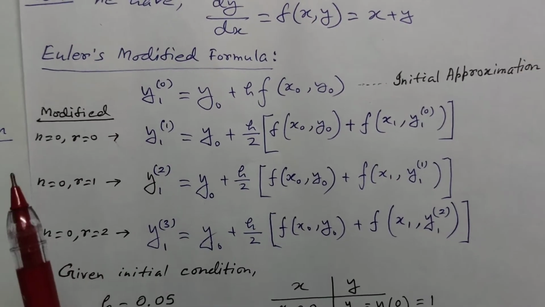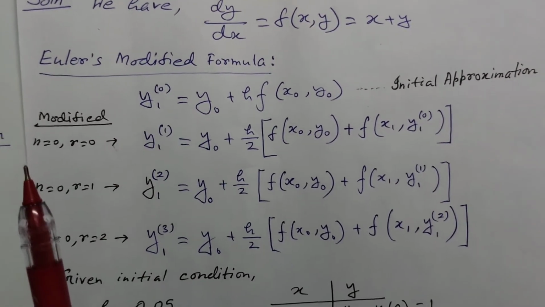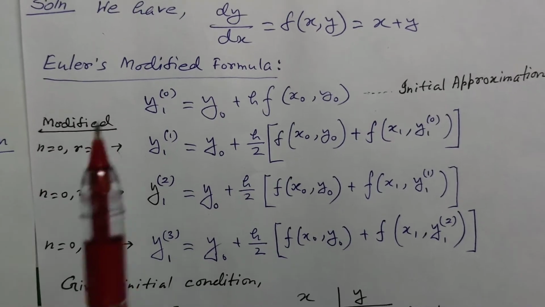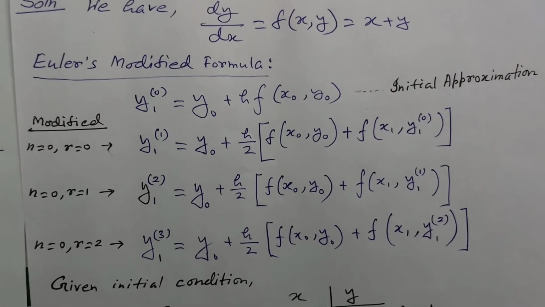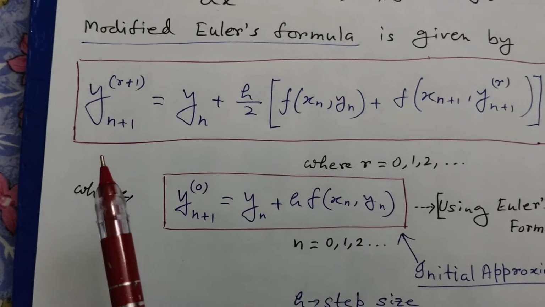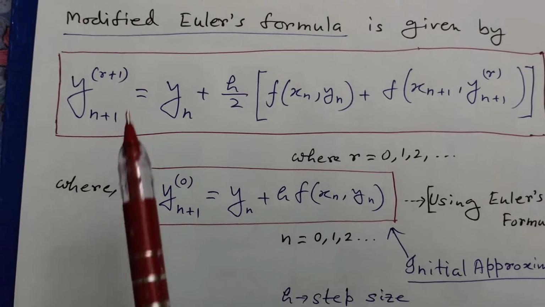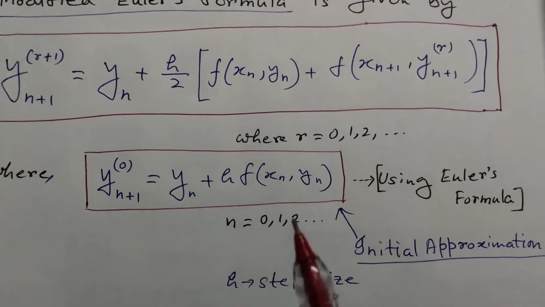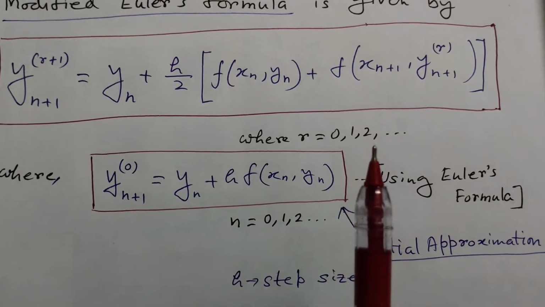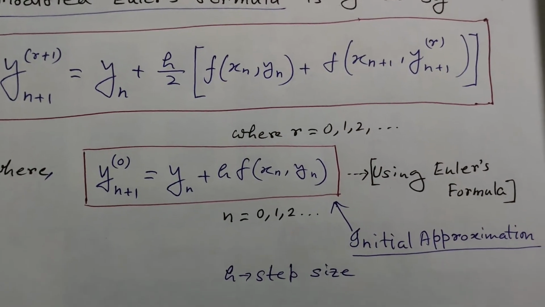Now, according to the modified Euler's formula, if we want to find the value of y1, then we have to put the values of n and r one by one, by putting r equals 0, 1, 2 and n equals 0.